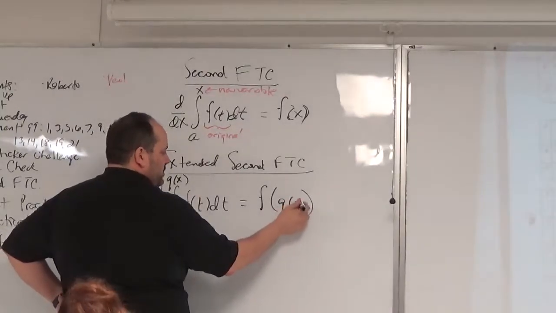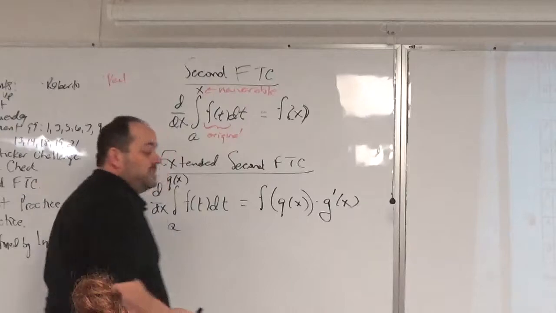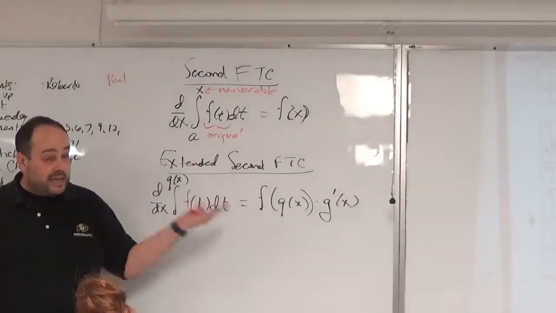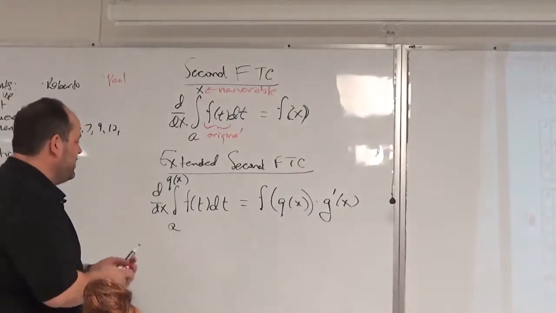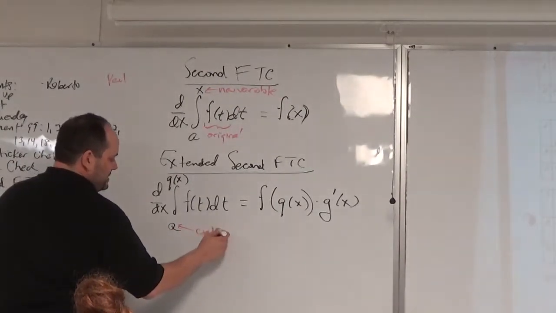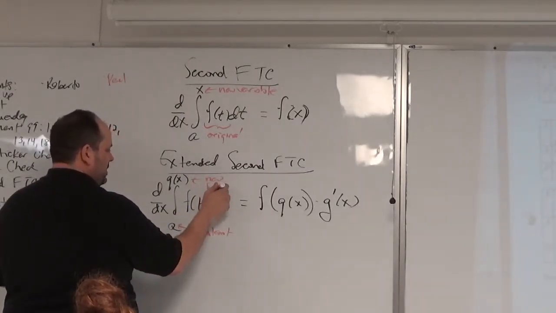Original function with the new one plugged in, times g prime of x. And don't get this confused with chain rule, because it's not the chain rule. It is not the chain rule. The important things, a is your constant. g is the new function.